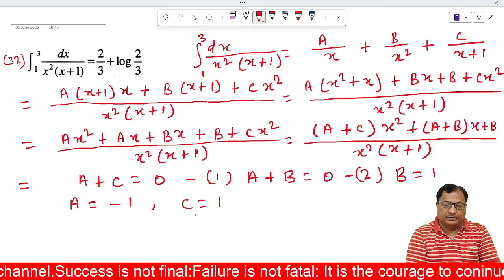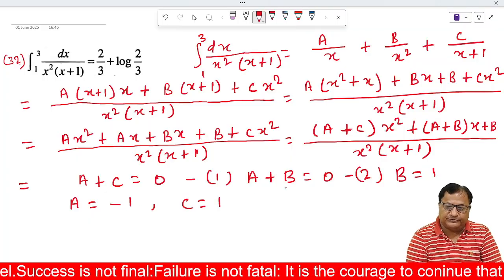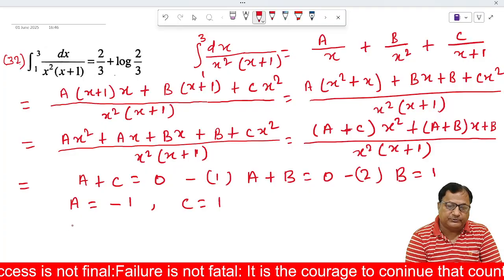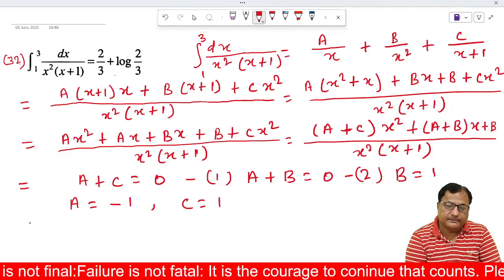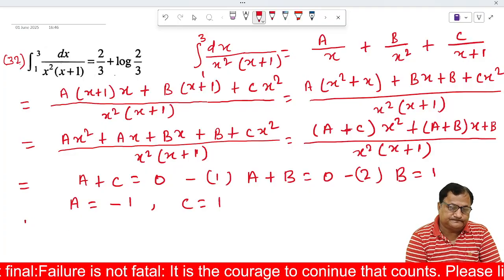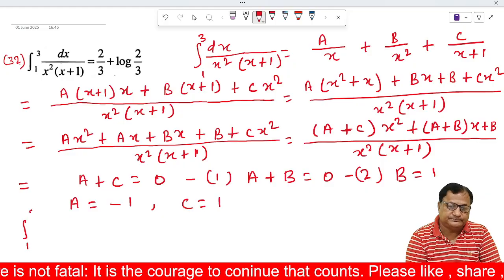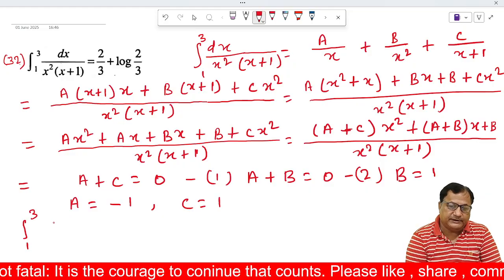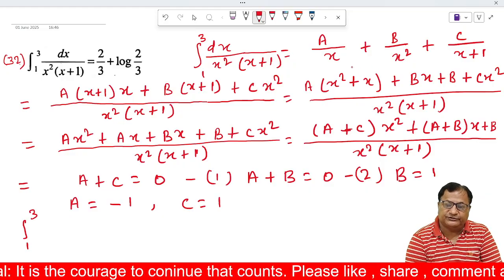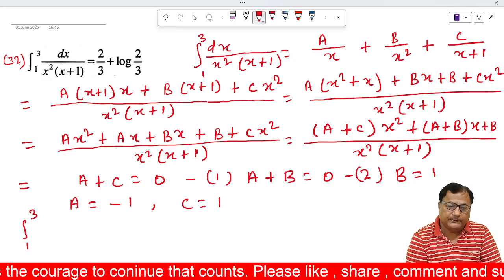Now we have got the A, B, C values. Now we will put them there. The integral from 1 to 3 of A by x, we will integrate separately.